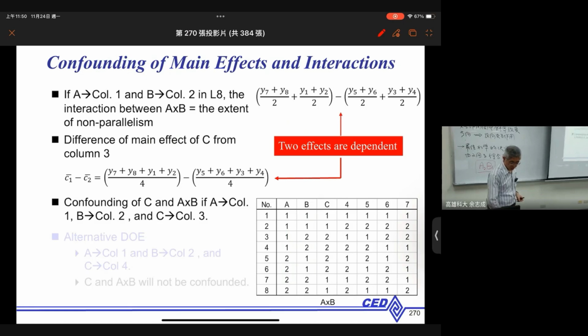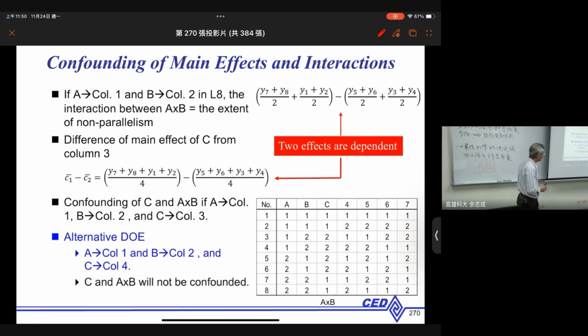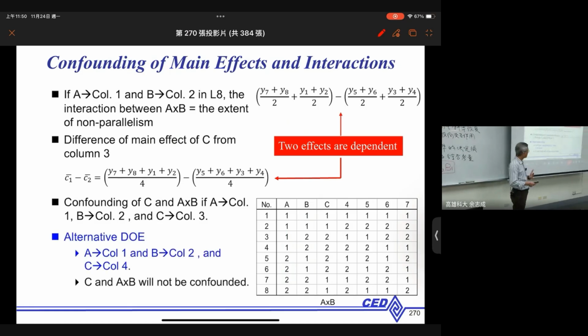Okay, so this interaction, the confounding, will be due to the different arrangement of A, B, C in your L8. But if you change the arrangement, because we know that interaction AB will be very similar to the factor if you put it in column 3.